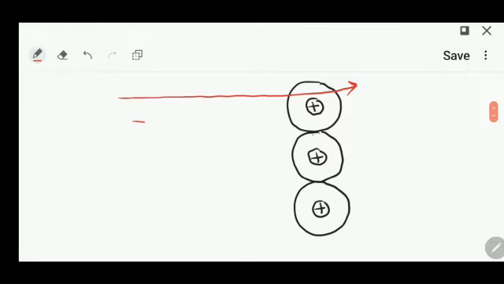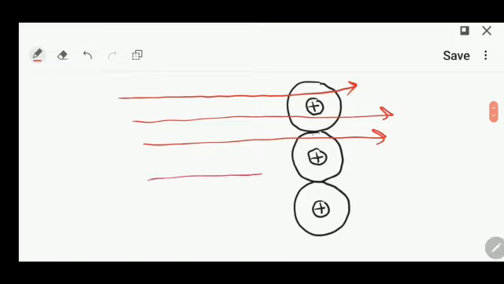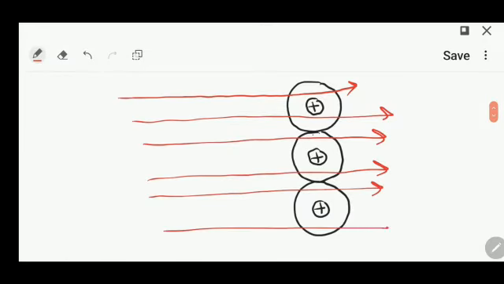We see that most of the alpha rays pass straight through this foil. And the second observation is that a few rays get deflected at some particular angle.